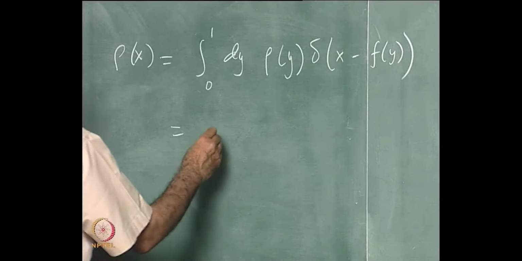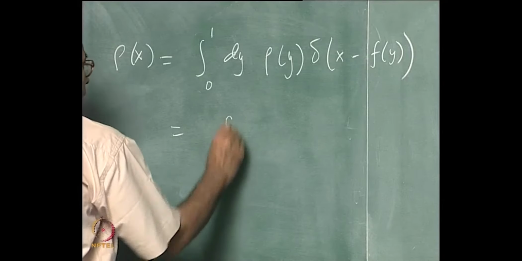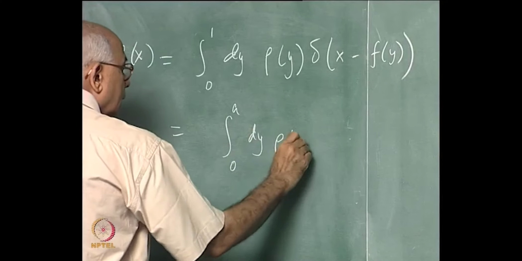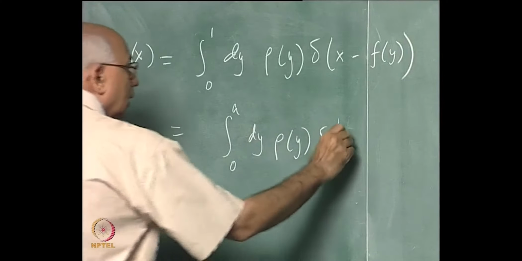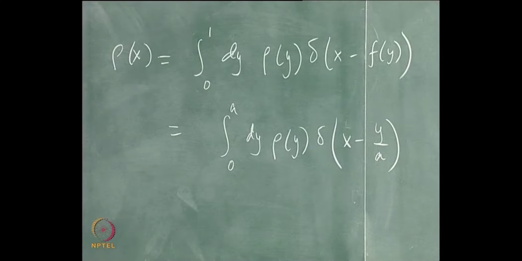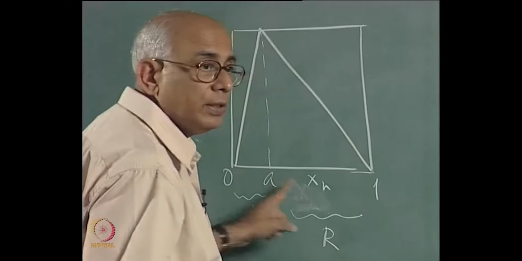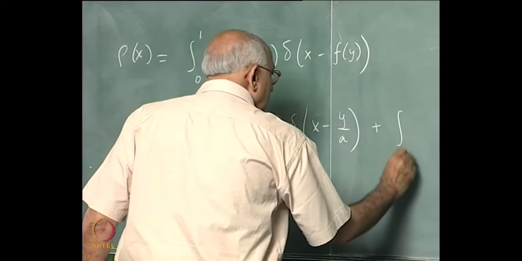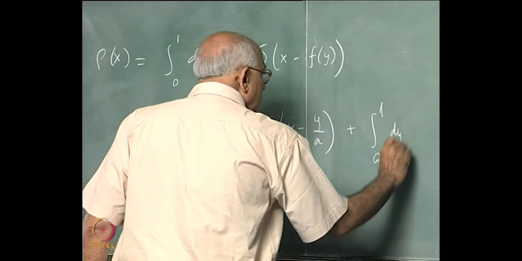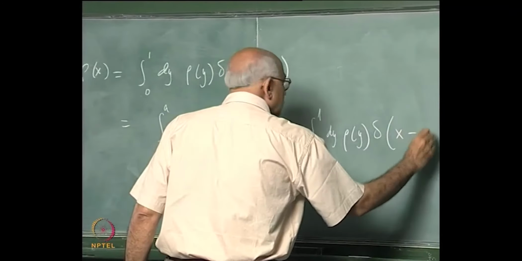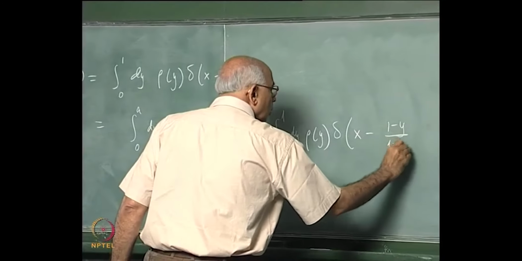So this is equal to integral 0 to a dy rho of y, a delta function of x minus y over a, because that is what the map function is in this region, and then a piece which is a to 1 dy rho of y, a delta function of x minus (1 minus y) over (1 minus a).